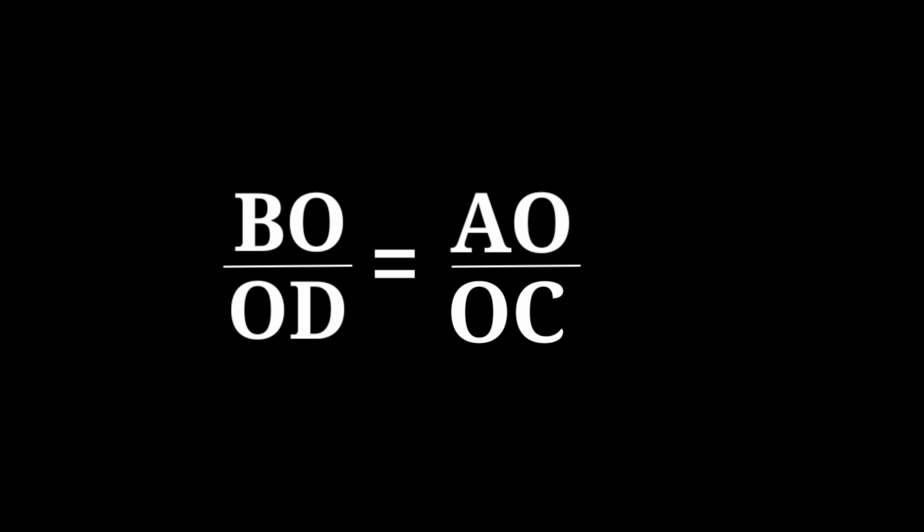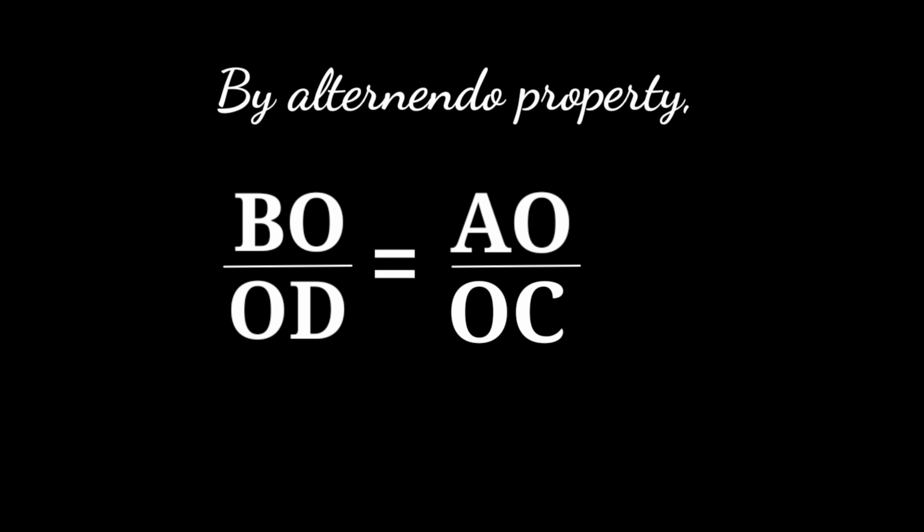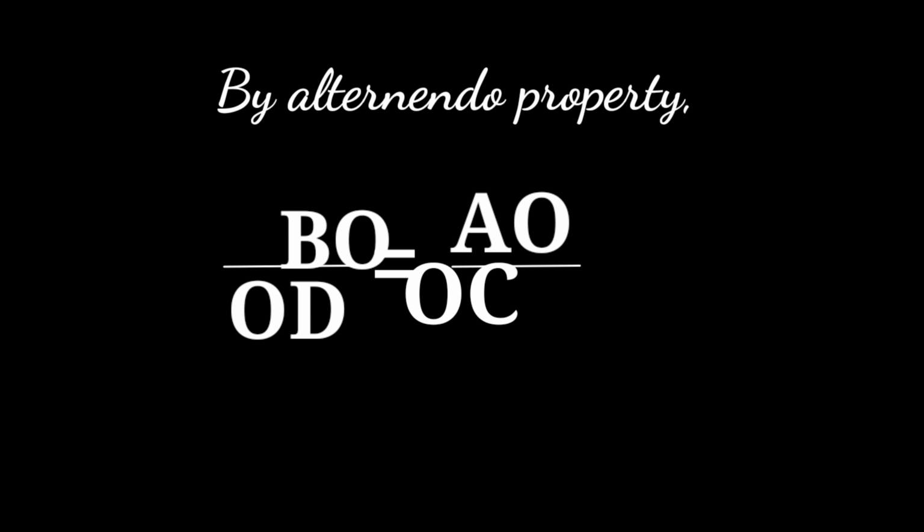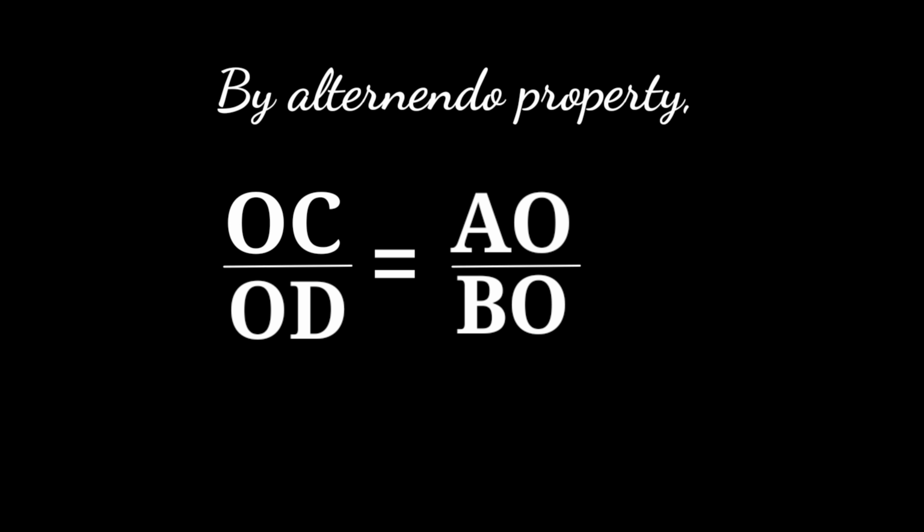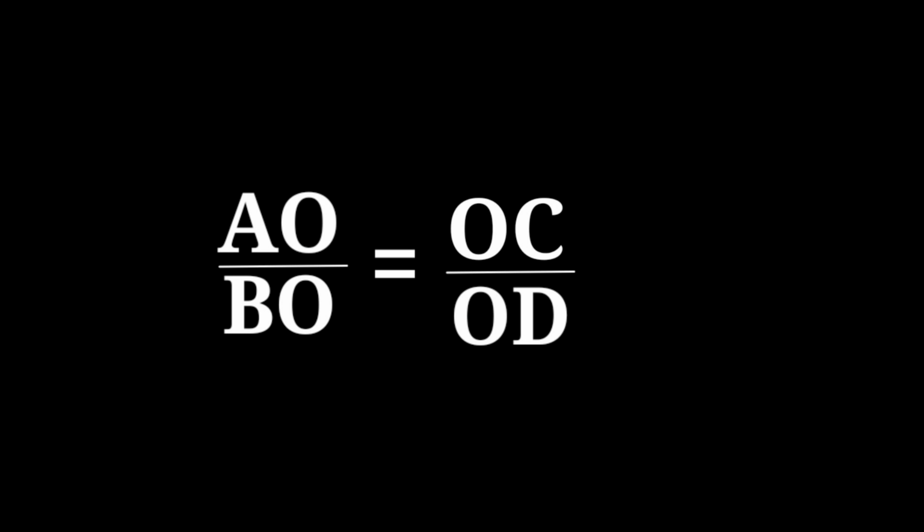With the help of the alternando property for the ratios, we get OC by OD is equal to AO by OB. That is, AO by BO is equal to CO by DO, which is the required result.